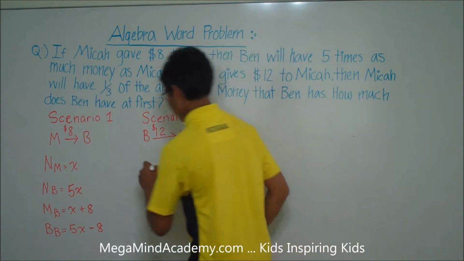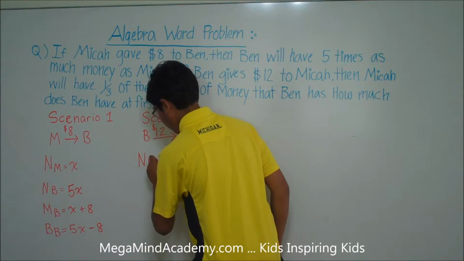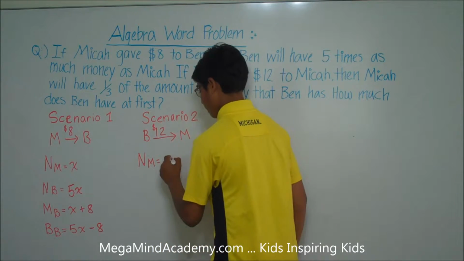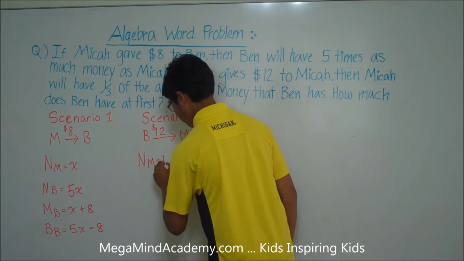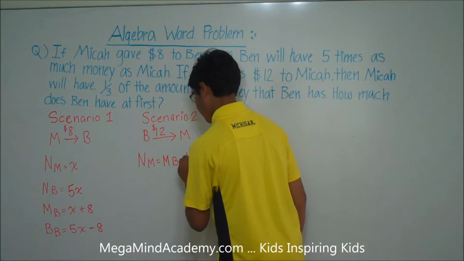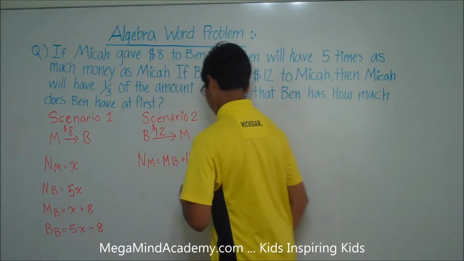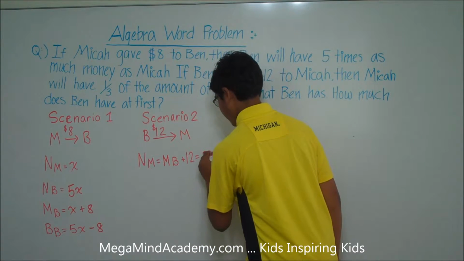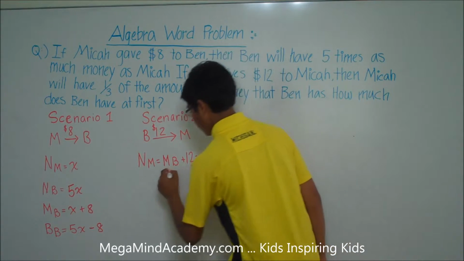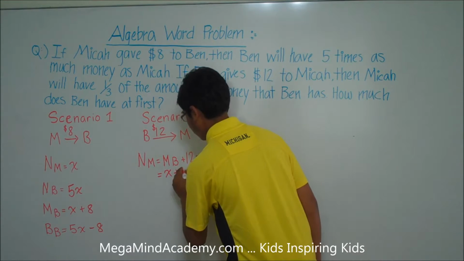So now Micah, N for now, M for Micah, would be equal to Micah before, M for Micah, B for before, plus $12, which is equal to, Micah before is equal to X plus 8. So X plus 8 plus 12, which is equal to X plus 20.